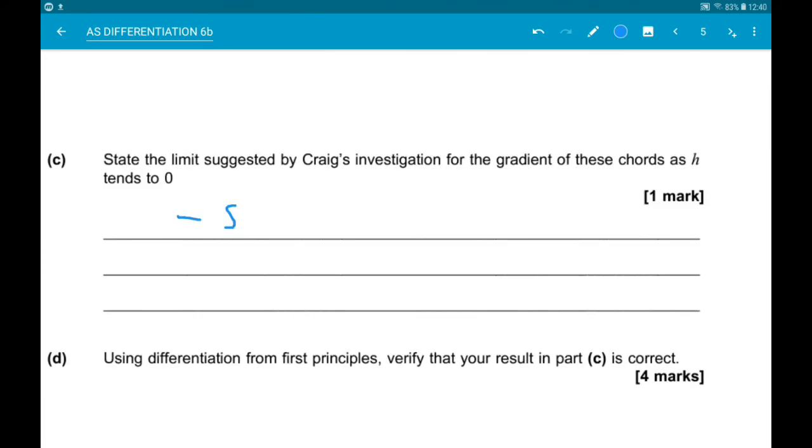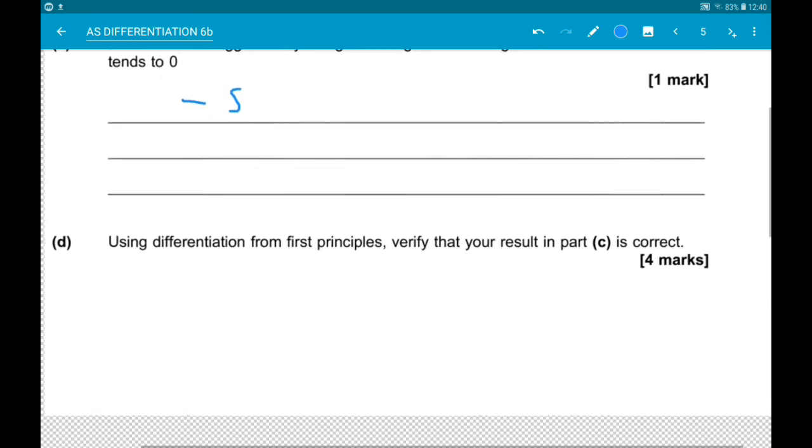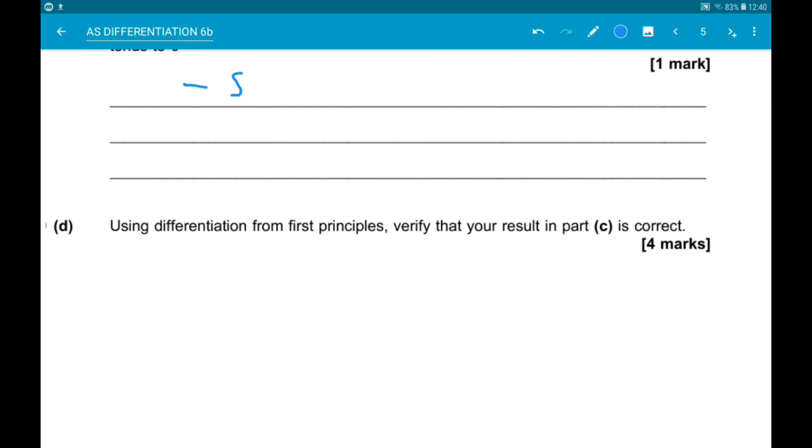Okay, now for part D, we want to use differentiation from first principles to verify the result in part C is correct. Okay, so we know that f of x is x minus x squared.